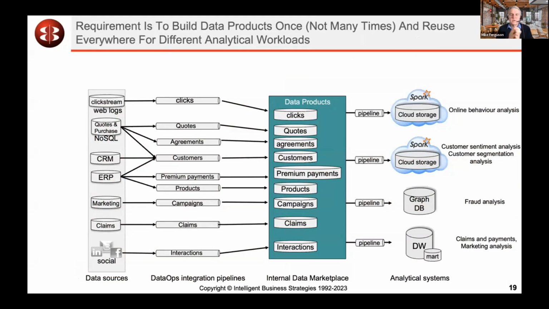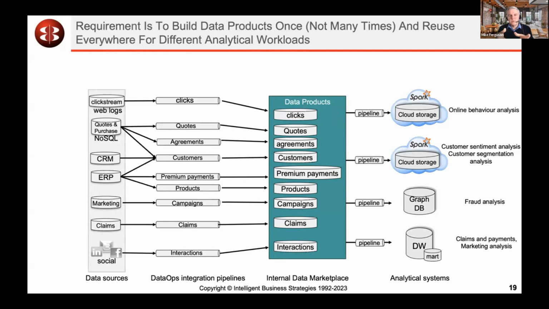Whereas previously we saw pipelines built for a single target analytical system, here you can see that we've decoupled the source pipelines, taking data from the sources, from the target. Now there are pipelines to build data products, and there are pipelines to take data products and consume them and use them to create different analytical use cases.